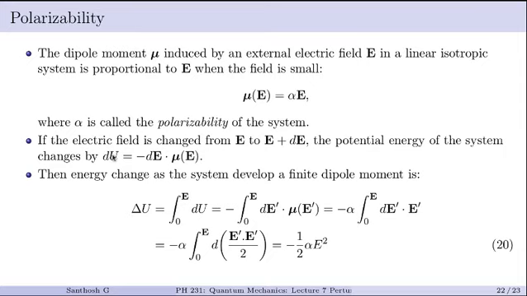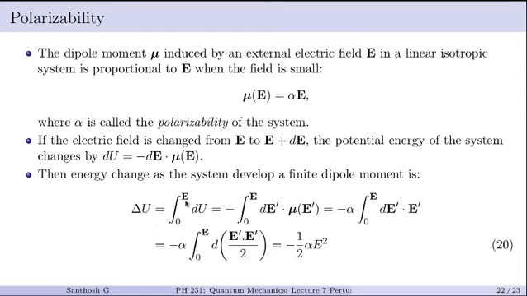Now if we change the electric field by a small amount dE, the change in potential energy of the system is simply given by minus dE dot mu E. And thus the change in energy as we slowly increase the field and the system develops a dipole moment and reaches a final value as the field changes to a value E is given by the following expression.